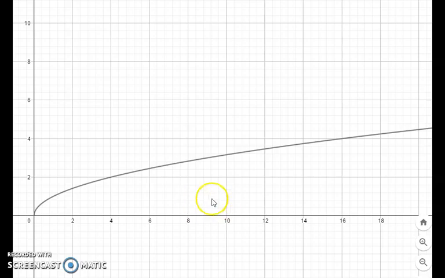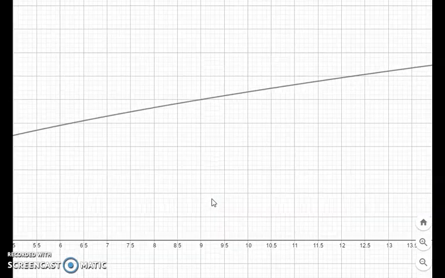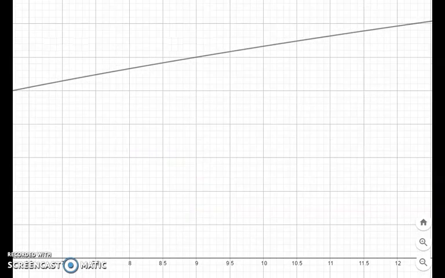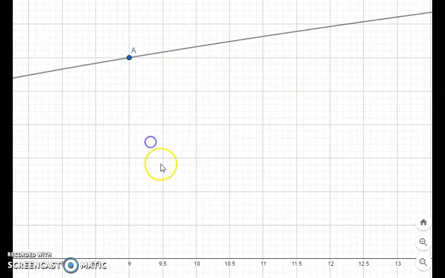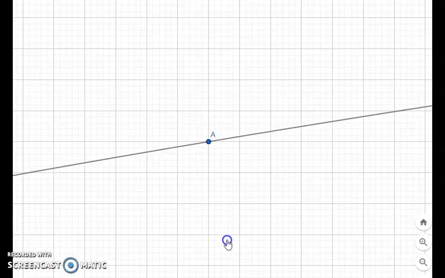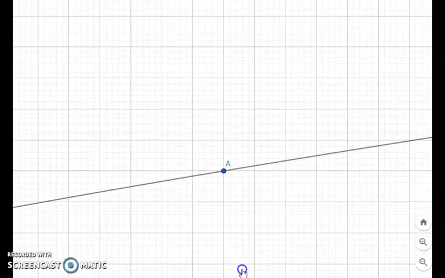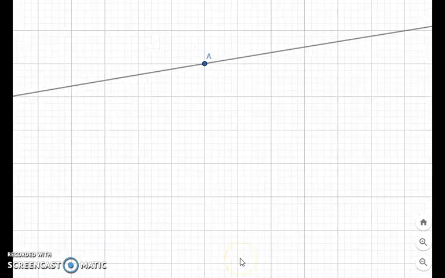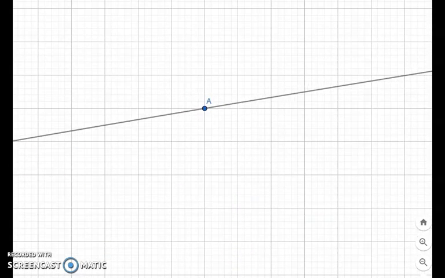Now I am zooming into 9. If we zoom in, you can see that the value at 9 is exactly 3. Now I want to find the value at 9.2. If I zoom in again, here comes the value of 9.2.